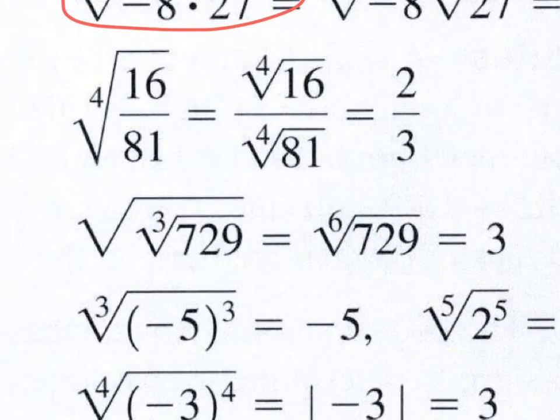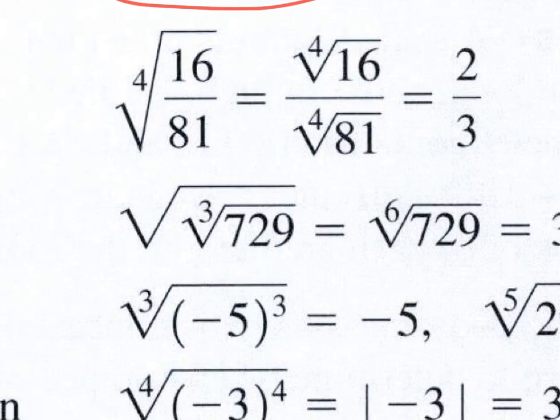Then you can just multiply them together. Same thing if you have a fraction underneath a radical. This is saying the 4th root of 16 divided by 81. Well, you can separate it so you don't have to do the 16 divided by 81, what times itself. Just separate it, and then you can simplify. How do you think they went here to here? Because there's a little imaginary 2 here.